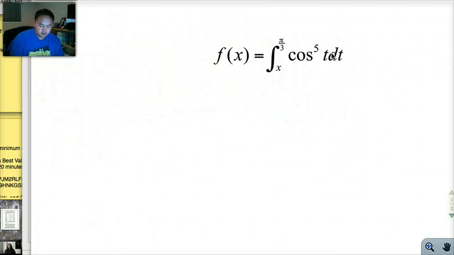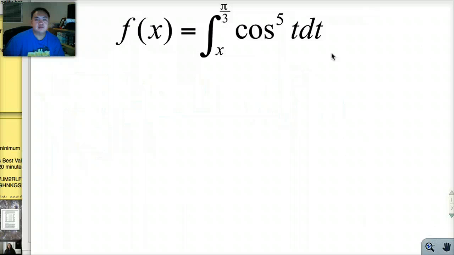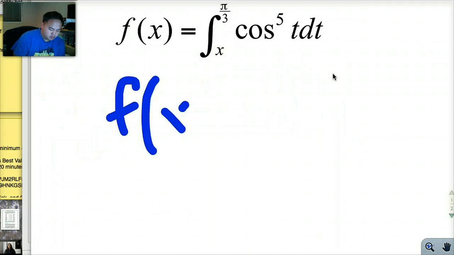Another example is this one over here. The problem is f of x equals the antiderivative from x to pi over 3 of cosine of t to the 5th power dt. This one sort of looks like that type of problem, but you may notice something different. The constant's here on the top, and then the x is here on the bottom. So the very first thing I have to do is flip the problem.